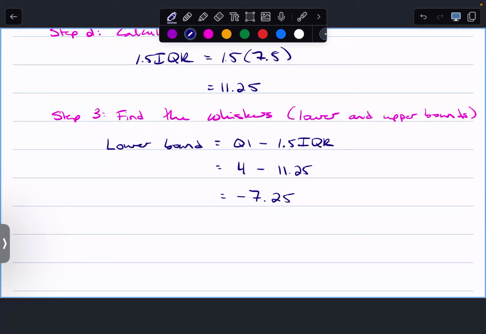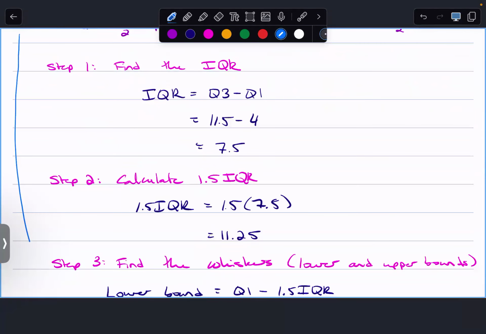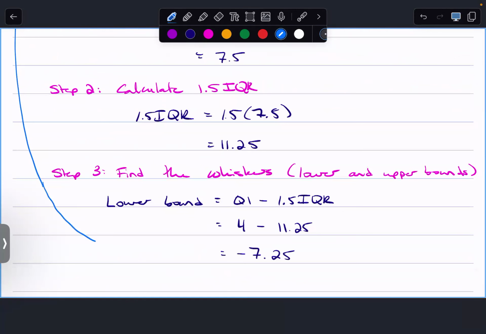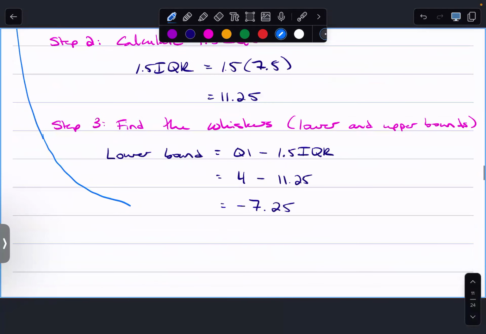I take my negative 7.25, and I just imagine where it would fall on this number line. So here, what I would do is draw it here, negative 7.25. Draw this on the number line.